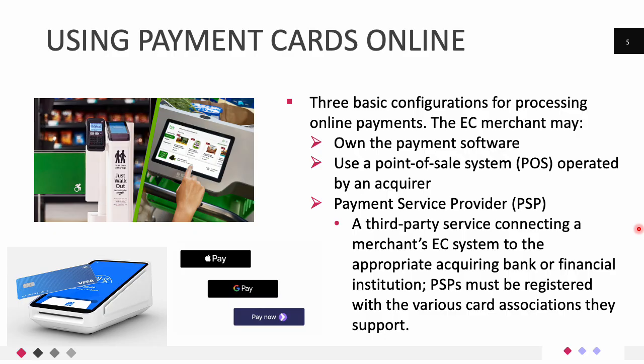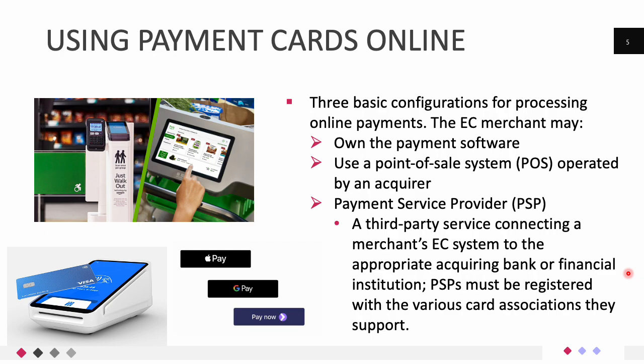This is expensive and complicated. And then use a POS, point of sale system operated by the acquirer. It's a system run by a bank. Use a ready-made tool from a bank, like your local ATM company. It's easier, but you're stuck with that bank's rules.